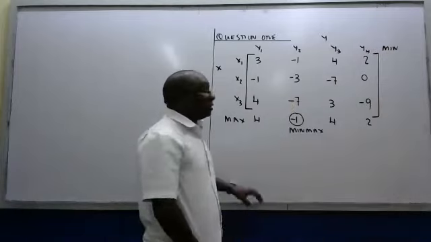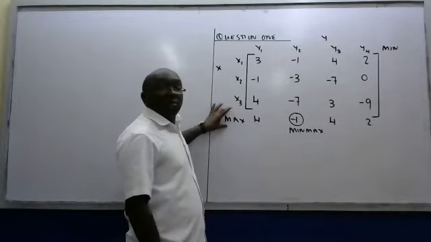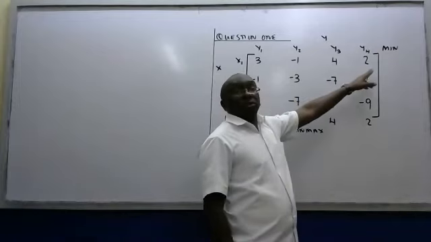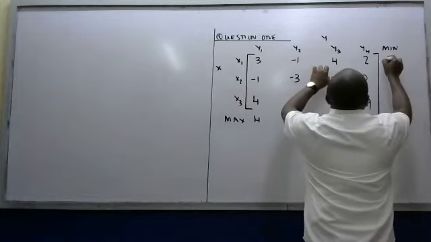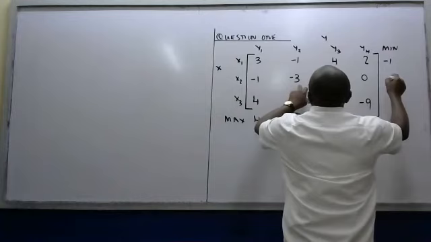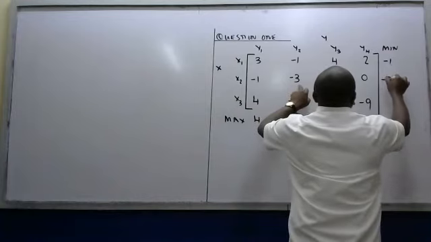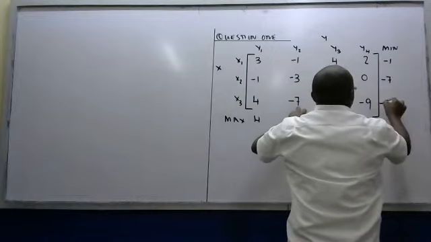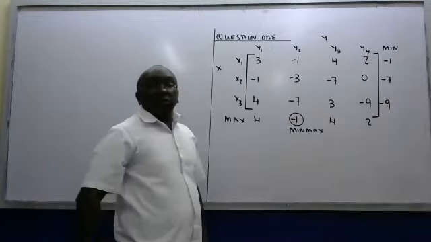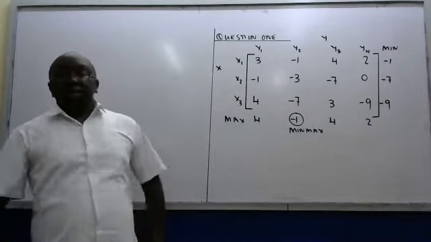Here we extracted the max from the columns. Now from the rows, you extract the minimum. The minimum here is -1. The minimum here is -7. The minimum here is -9.